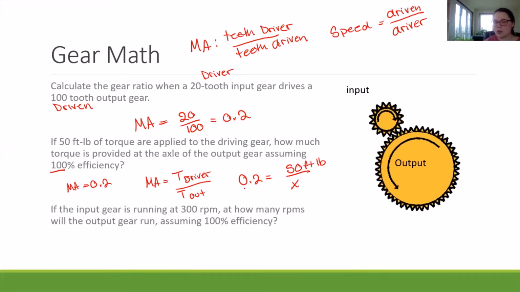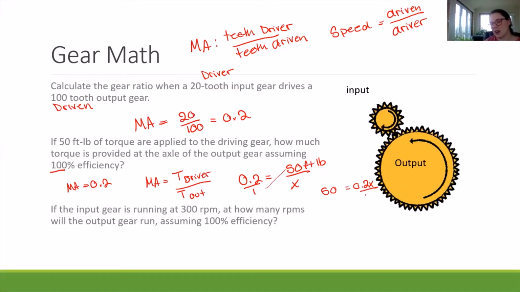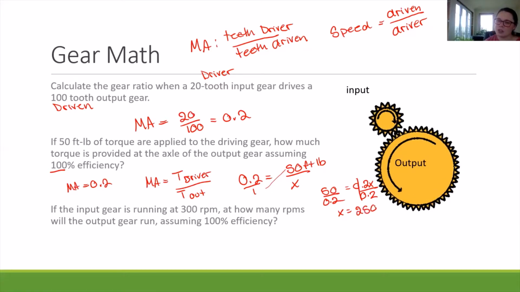Now, this is one of those ones I would recommend putting a 1 underneath and doing cross multiplication and division. 1 times 50 is 50. 0.2 times X equals 0.2X, and then divide by 0.2. Cancels. X equals 50 divided by 0.2. We get 250 foot-pounds.